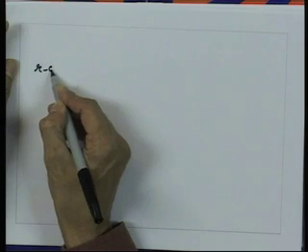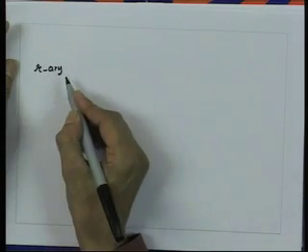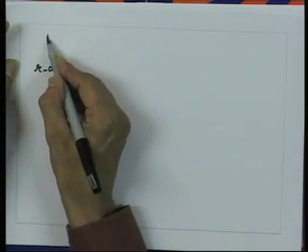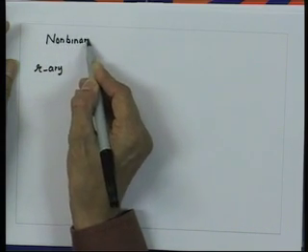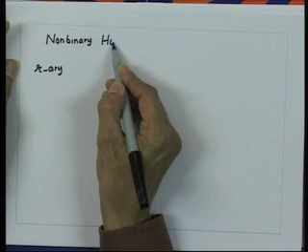So, the binary Huffman coding procedure can be easily extended to the non-binary case where the code elements form an r-ary alphabet. So, let us study non-binary Huffman codes.